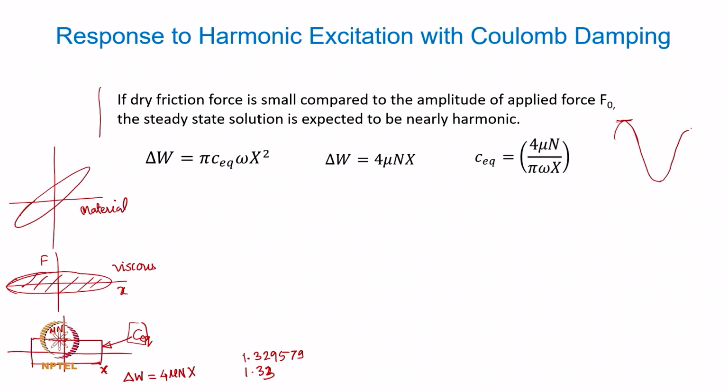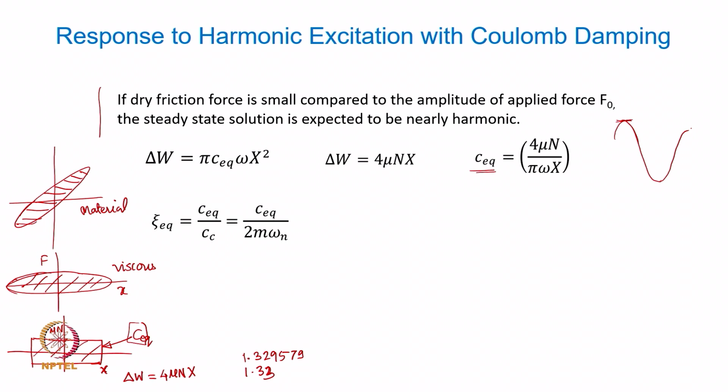So, what we do is you equate these delta W for both the cases and then get an expression for an equivalent viscous damping even if the damping is not viscous. So, you may equate that area which you can find experimentally from a material damping or from a friction damping case.